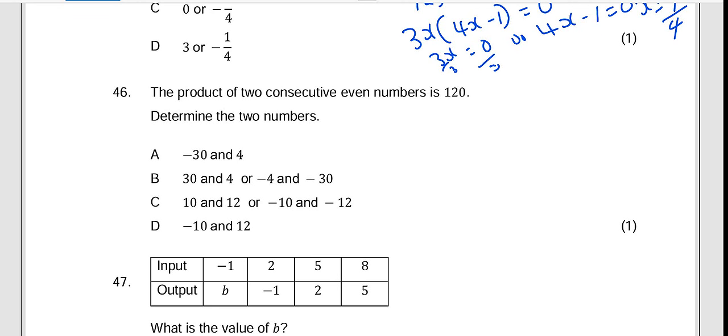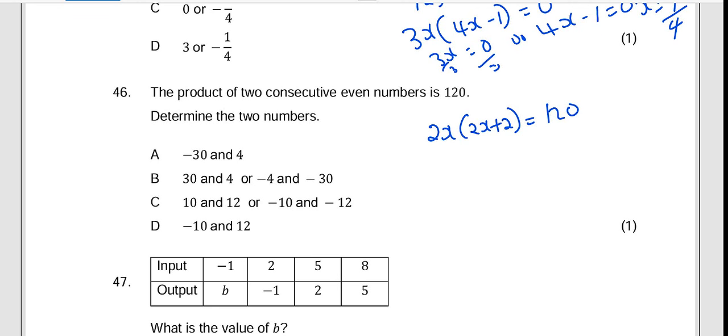So one thing I'm going to do, I will let the first even number be 2x, because we don't know those two even numbers that we are told about. It's going to be 2x, and then 2x plus what? Plus 2. It's going to give me 120, because they're saying the product of those two consecutive even numbers is 120.